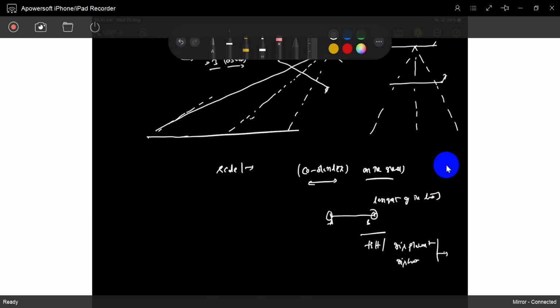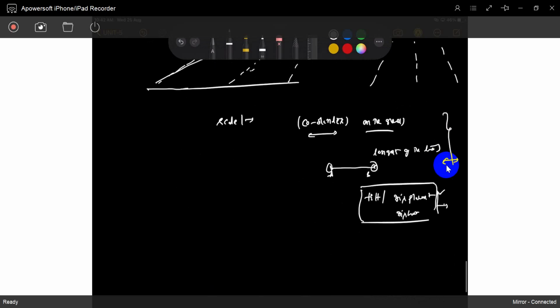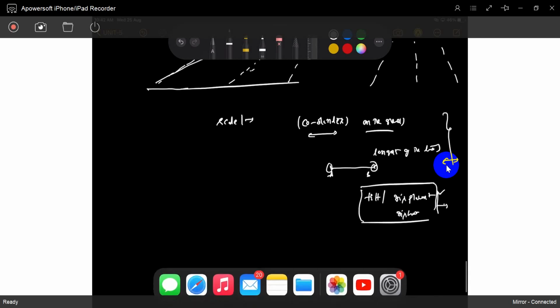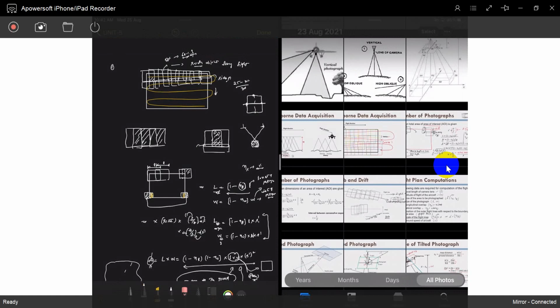The syllabus mentions this one, so before understanding it you can't proceed. So this is the tilt. The plane has some small tilt displacement. Now you can observe it, or rather I will explain it with photographs, because I can't draw.